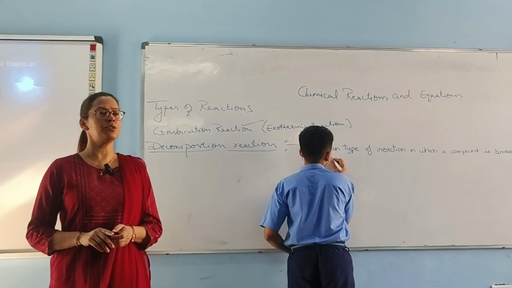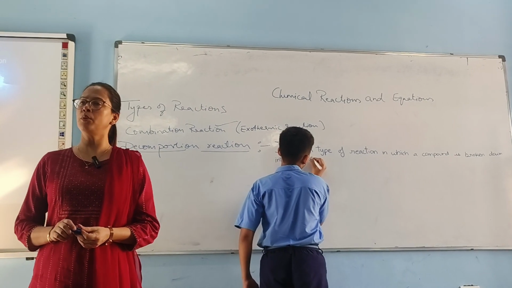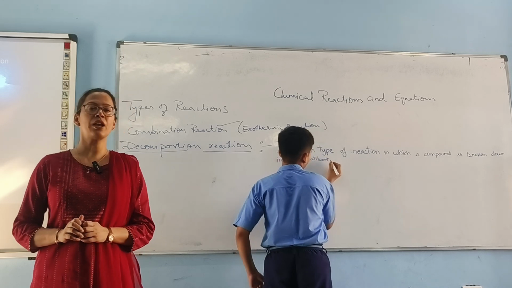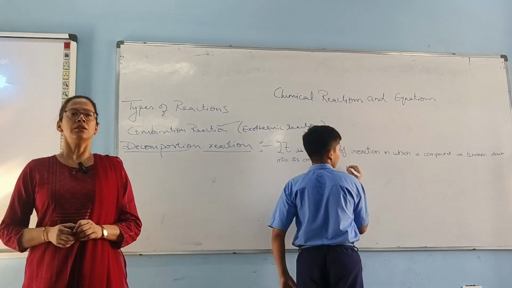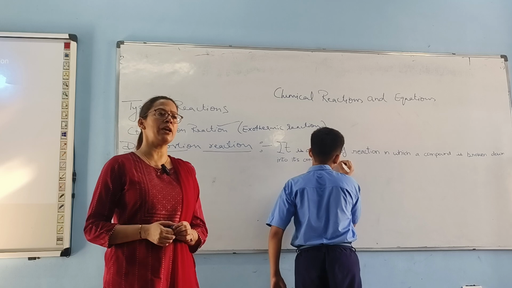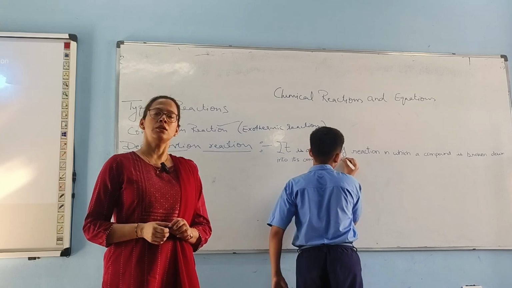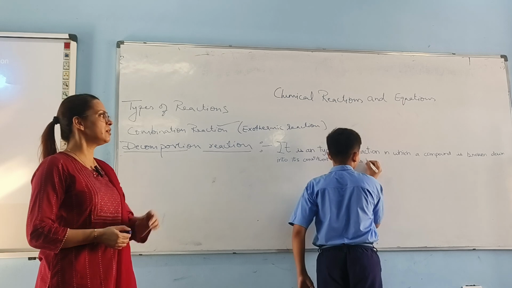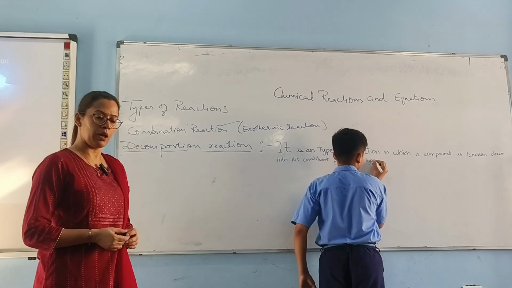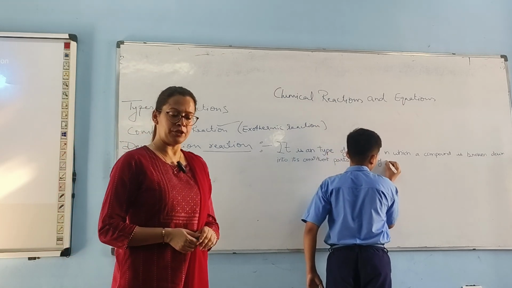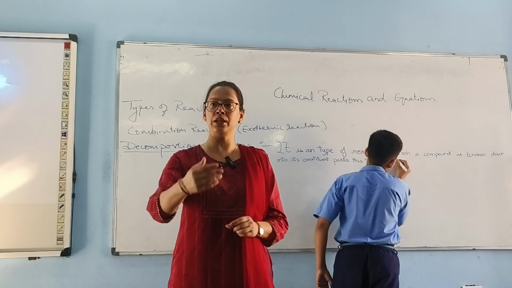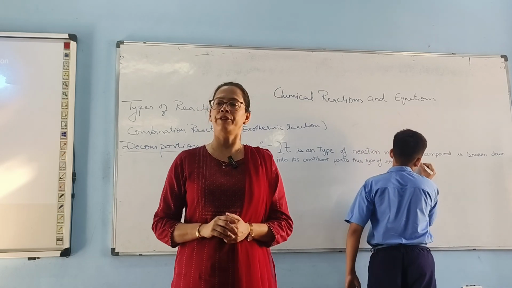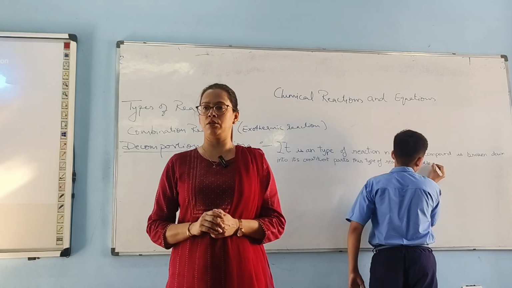When decomposition reaction takes place due to heat, this kind of decomposition reaction is called thermal decomposition reaction, and we will understand it with the help of some examples. The first example is what happens if we heat ferrous sulfate.